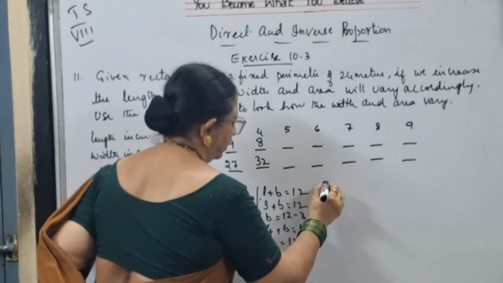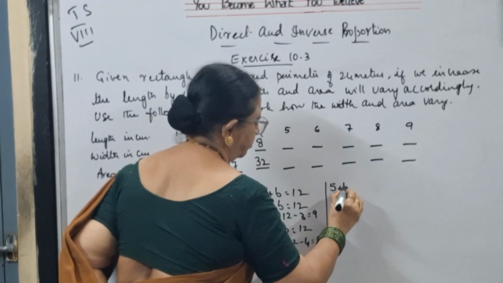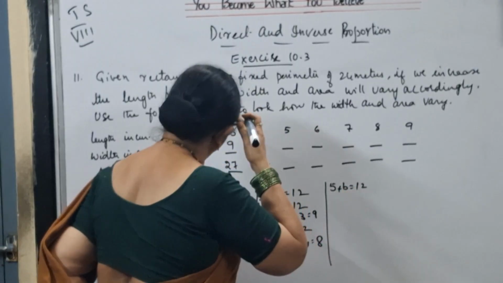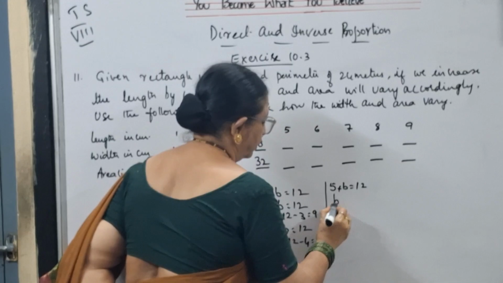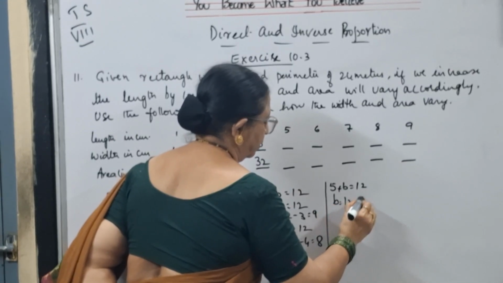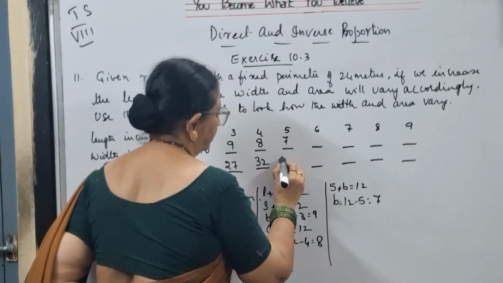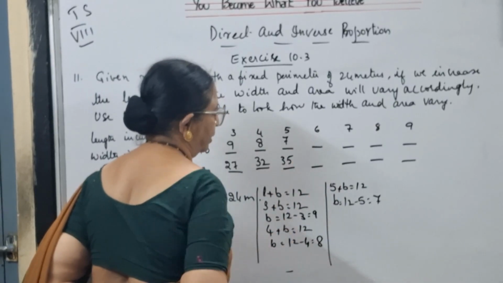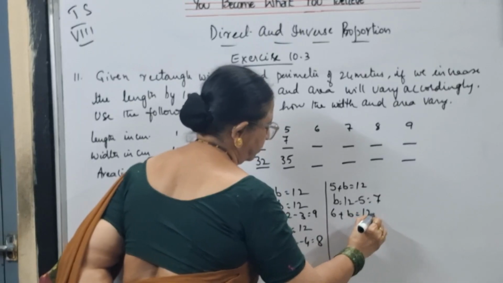Now let me take L as 5. 5 plus B is equal to 12. It is always constant because they said the perimeter is always 24. So B is equal to 12 minus 5, that is 7. 5 7s are 35 is the area. Now if L is 6, 6 plus B is 12.